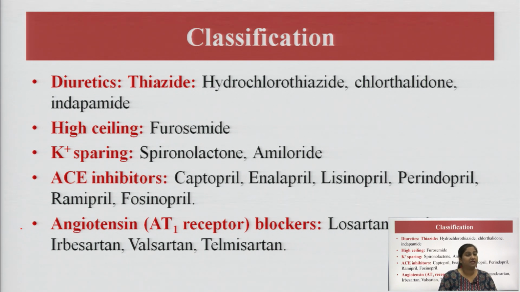The first class in the antihypertensive drugs are diuretics. In diuretics, there are several agents which are used as antihypertensives, that is thiazide, high ceiling diuretics, potassium sparing diuretics, ACE inhibitors and angiotensin blockers, also called AT1 receptor blockers.